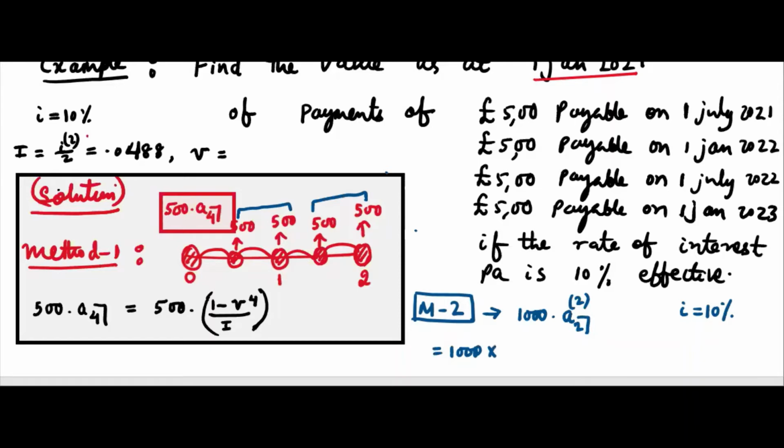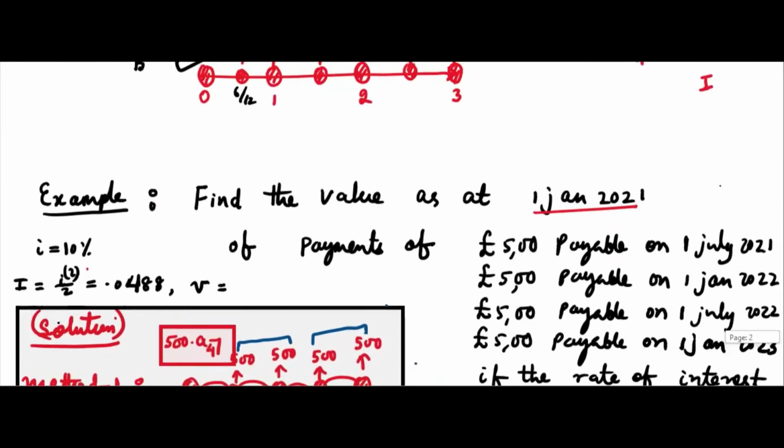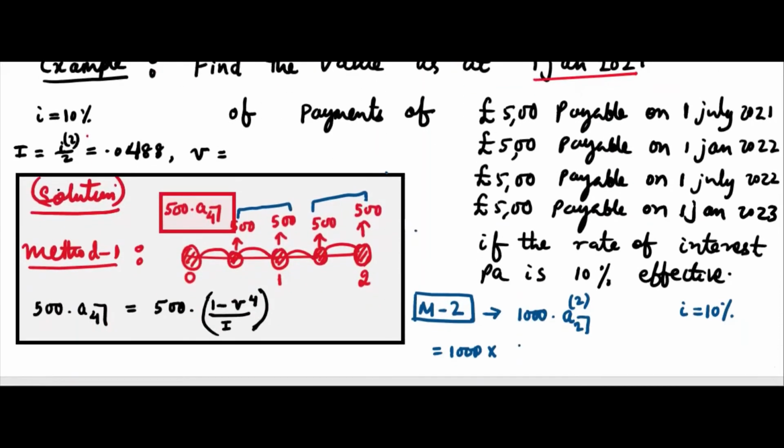I'll use the formula I've written before. 1 minus v to the power n, n is this one, divided by i(2). And then this will be 1000, v is 1 upon 1 plus i. We know 1 minus 1.10 to the power minus 2.